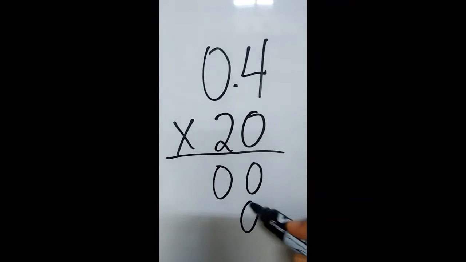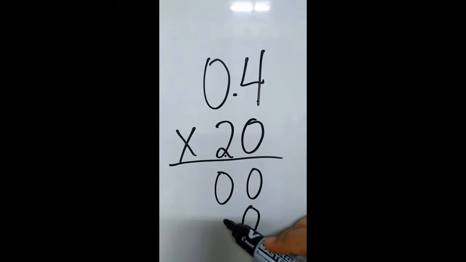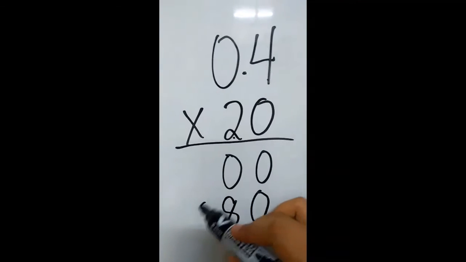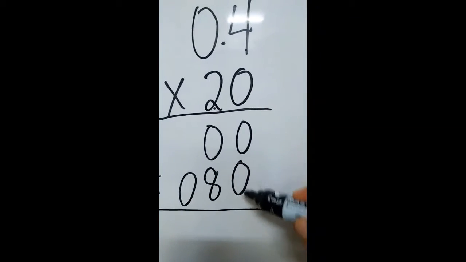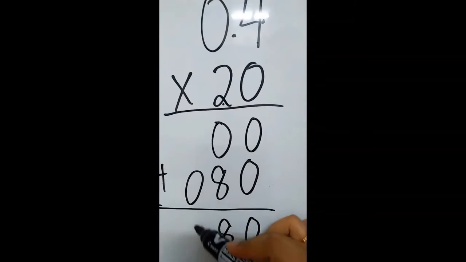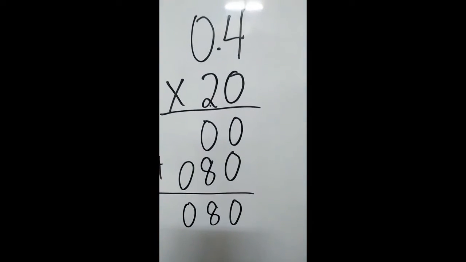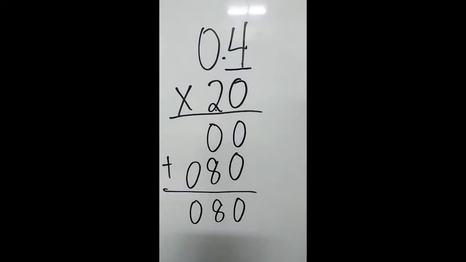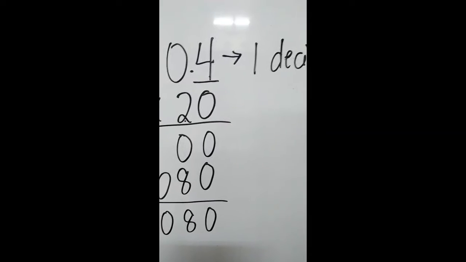Put 0 on ones place before multiplying the tens place. 2 times 4 is 8. 2 times 0 is 0. Then add the products. 0 plus 0 is 0. 0 plus 8 is 8. Then have 0. After we multiply, that's the time we're going to count the decimal places. Here we have 1 decimal place.